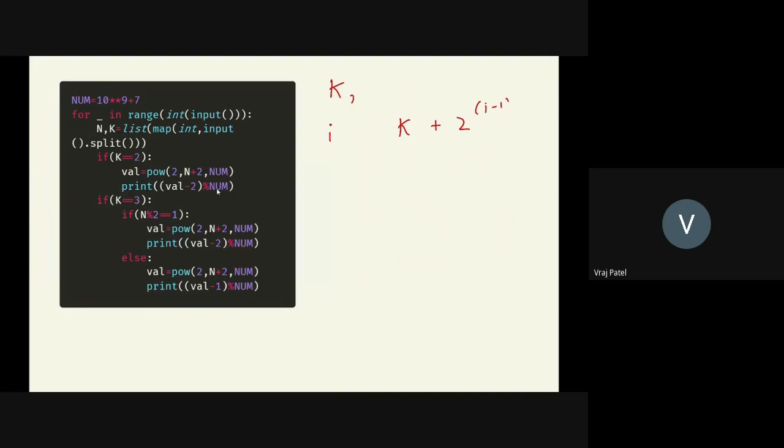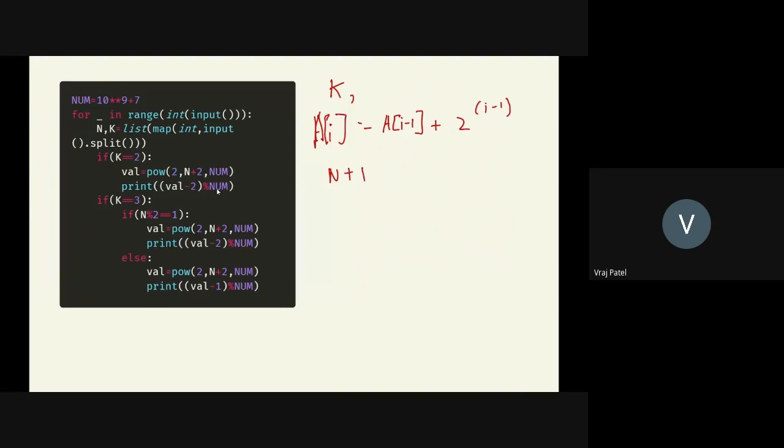Sorry, I wrote it wrong. The formula was a of i equals a of i minus 1 plus 2 raised to power i minus 1.